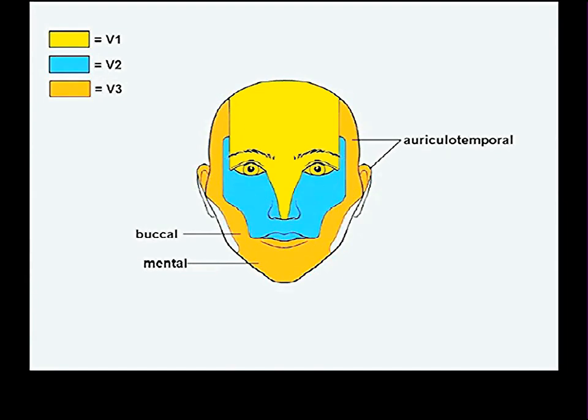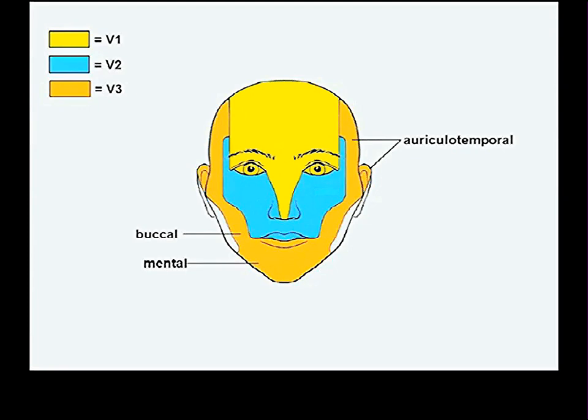The buccal branch, which sometimes we are successful in finding, more often not, does the skin over your fleshy cheek. And the mental branch, which you all did see, is the terminal branch of the inferior alveolar, which does the skin over your chin, your lower lip, and the anterior half of the body of the mandible. Again, V3 has a lot of non-cutaneous sensory representation.